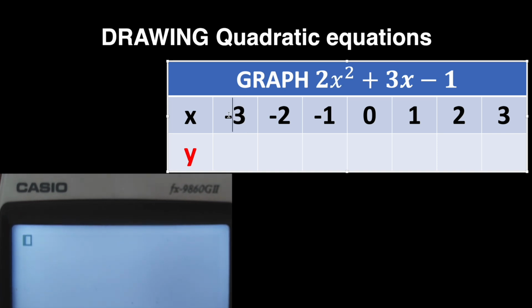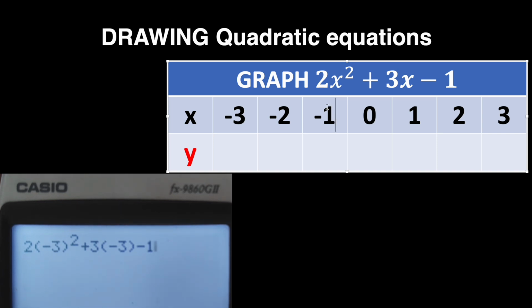Something else that I always recommend is to put brackets around these x values when you put them into your calculator. That tells your calculator that they are multiplying and that they are in place of this x. I will show you. 2 bracket -3 squared plus 3 bracket -3 close bracket minus 1.